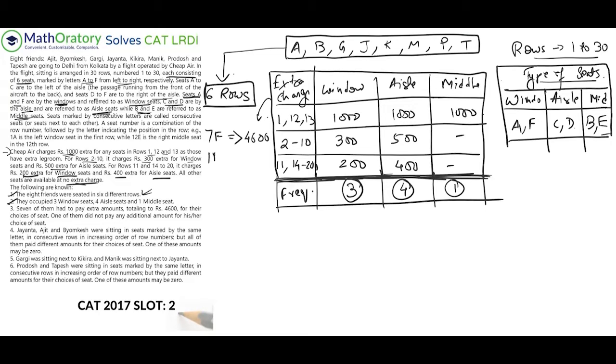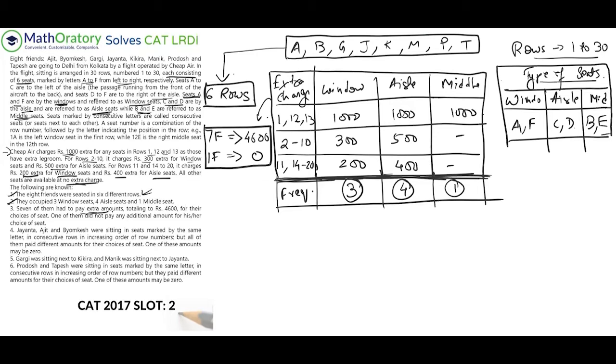So one friend is paying nothing, right? None of these 7 friends are putting in 0. Just keep this as a mental note: these 7 friends are paying amounts, and one friend is paying 0. That is what the information tells us. Great, so this is point number 3.